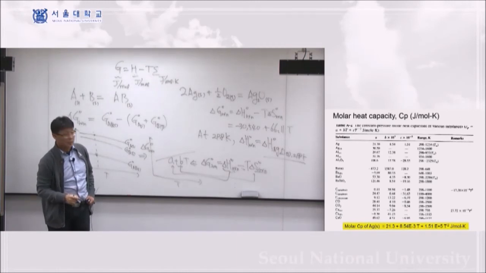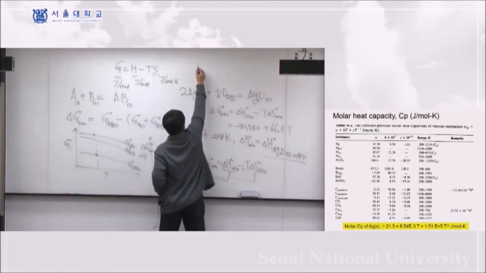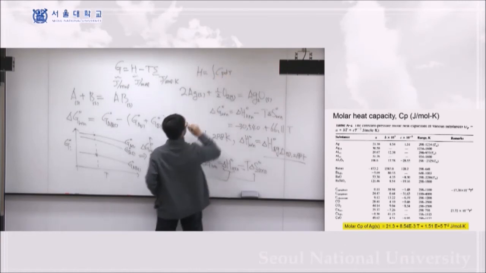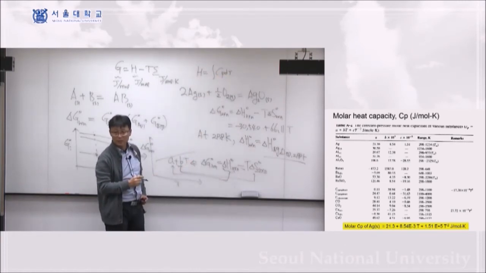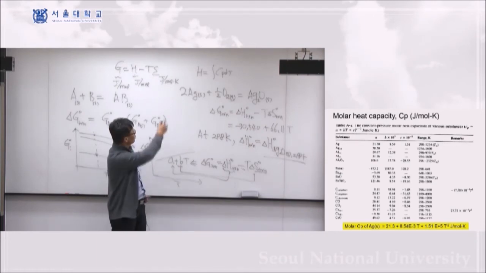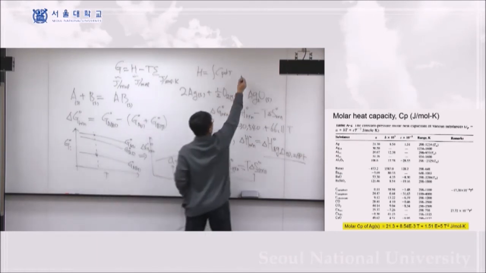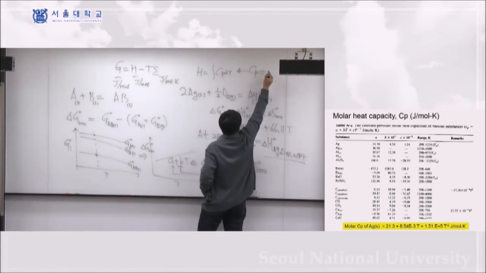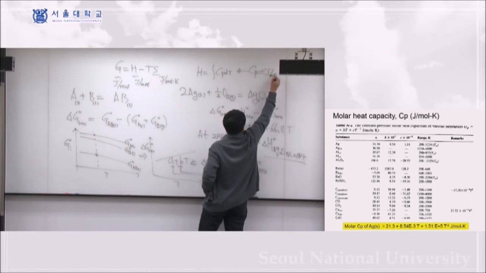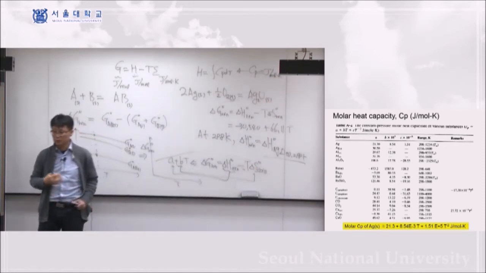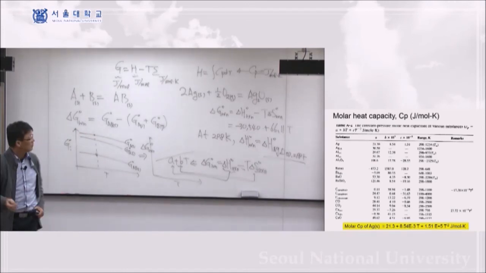Okay? And then delta H, whatever given temperature, H minus H something equal to this one. So it means Cp should have joule per mole Kelvin. Okay? So you have to be careful about unit.